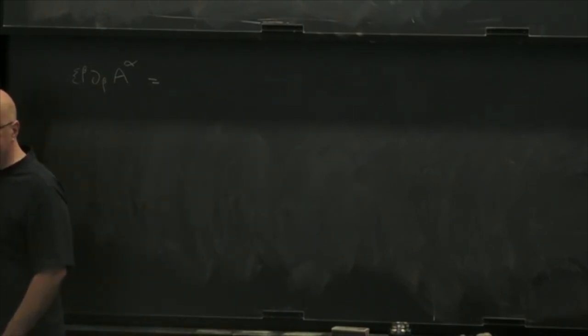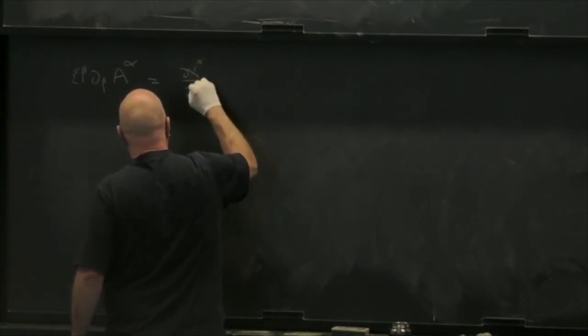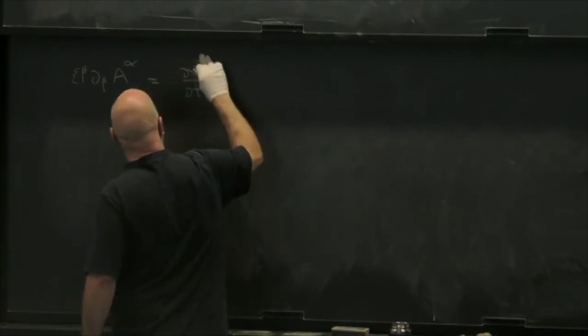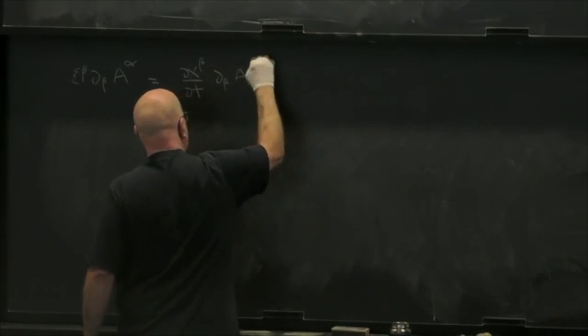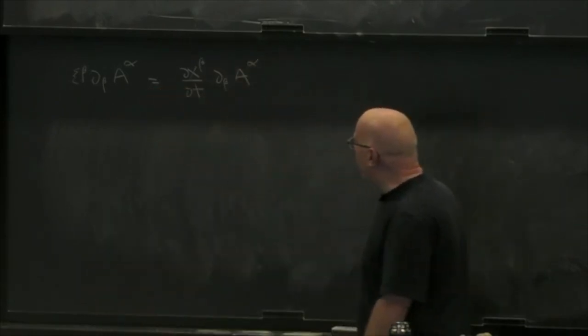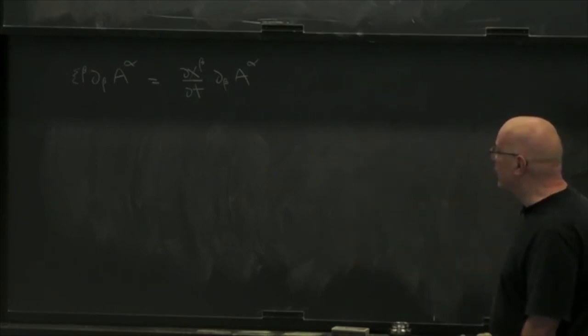So what I have here is the derivative in the direction of t. So I can write this as the partial derivative of x with respect to t. Sorry, that's with a beta. I can write it like this because xi is, by definition, the direction of increasing t.